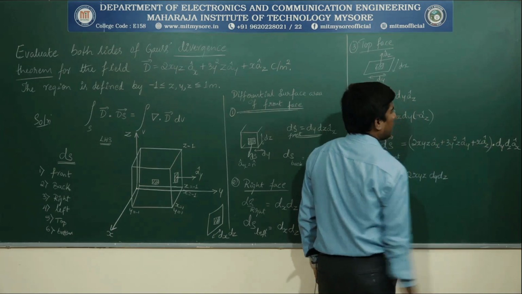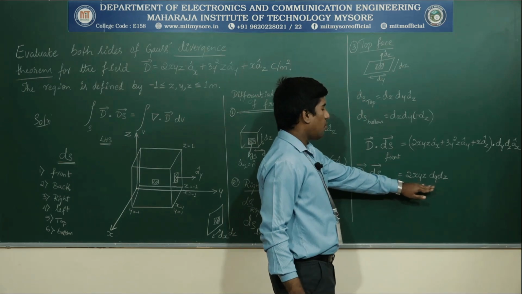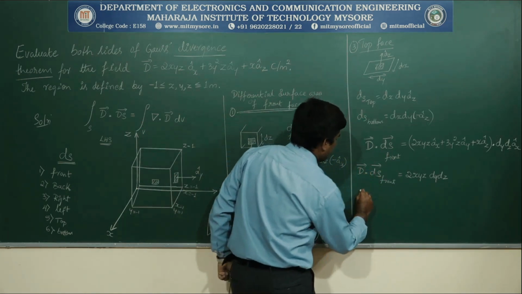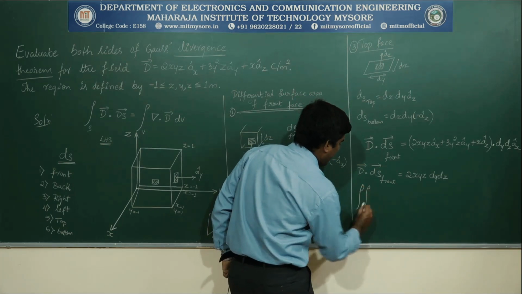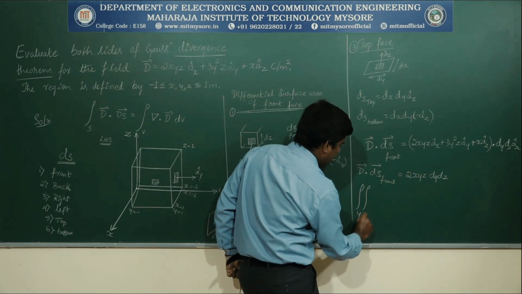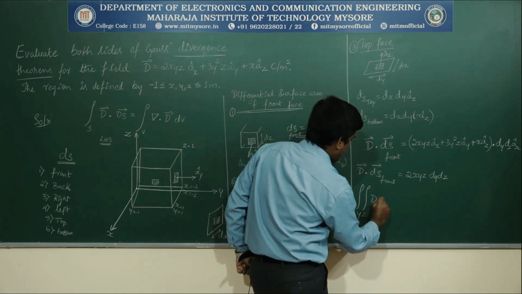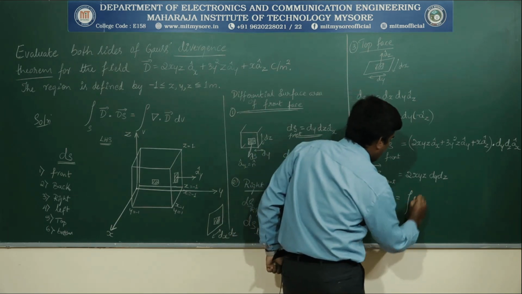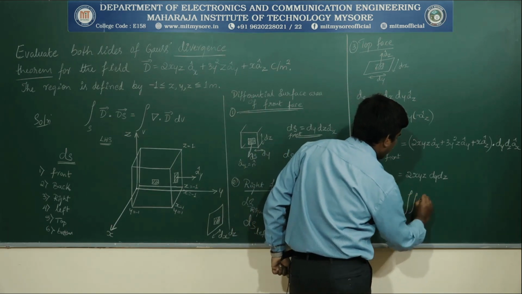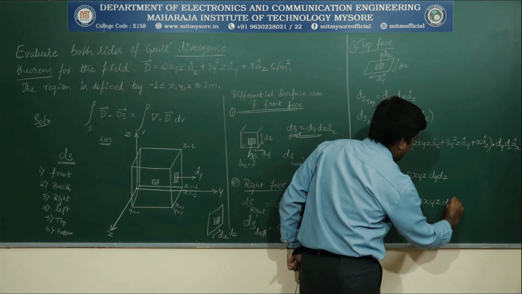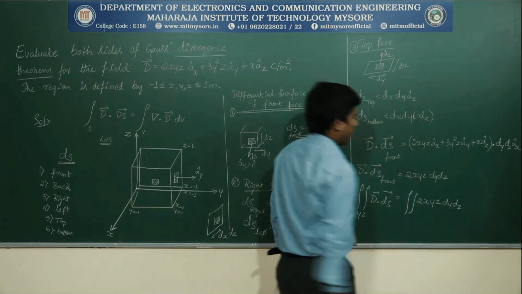A cap x dot a cap x becomes 1. So in order to obtain the LHS part for the front face, we need to integrate this along the yz plane. Therefore D dot ds is equal to the integration of 2xyz dy into dz.